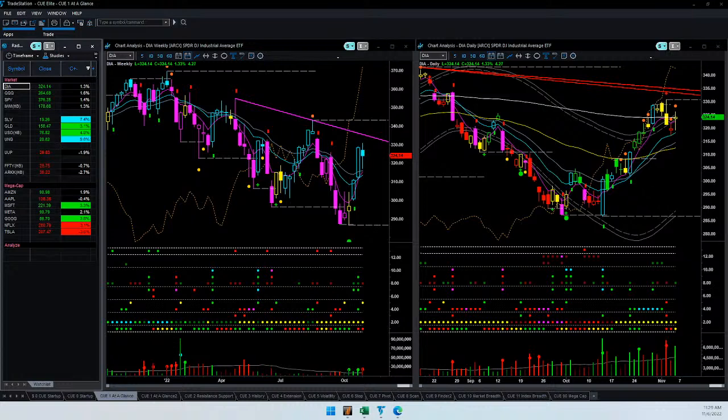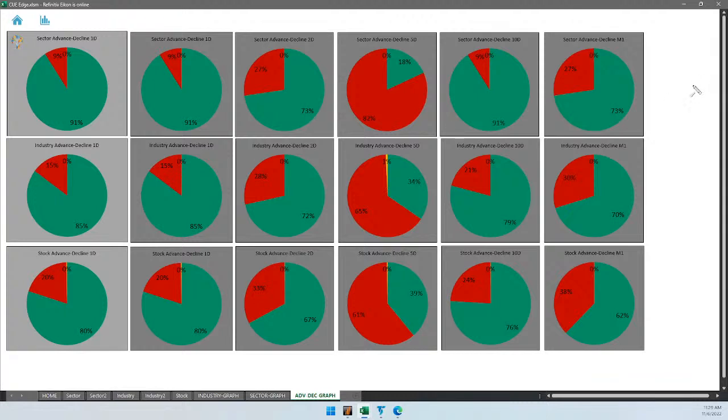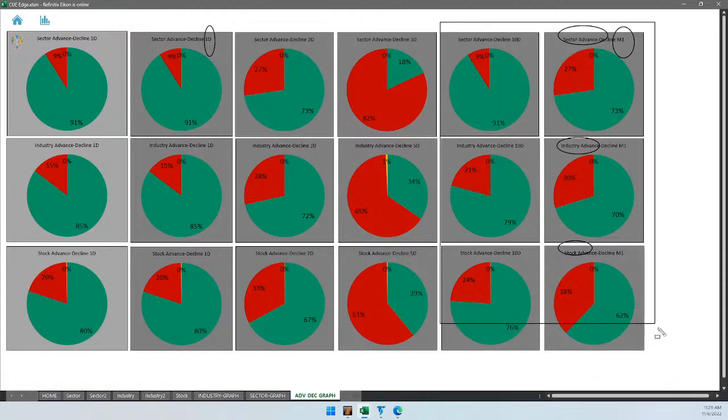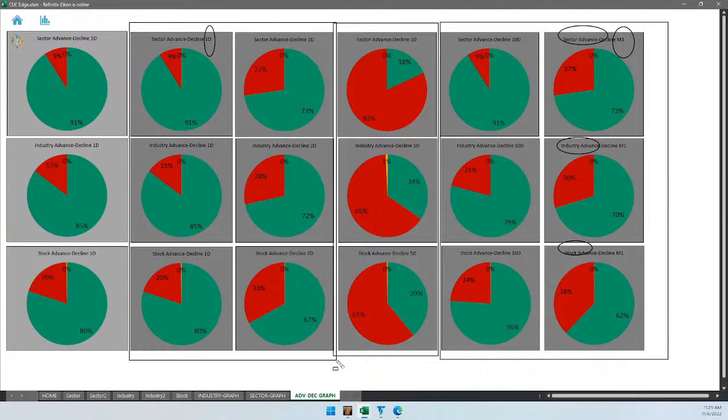Now let's look at some other angles why I am willing to look for buy setups. Look at the Q Edge sector industry stock advanced decline graph from 1 month to 1 day. Longer term 1 month and 10-day periods are bullish. 5-day period medium term turned bearish, more red than green in the graphs, and then 2-day and 1-day both turn bullish.